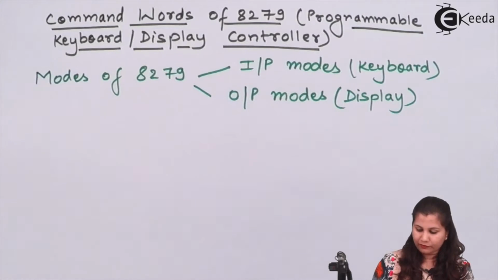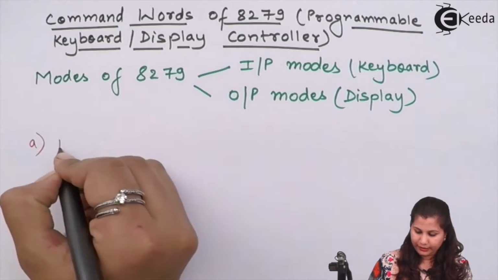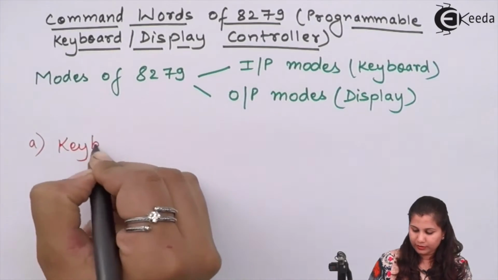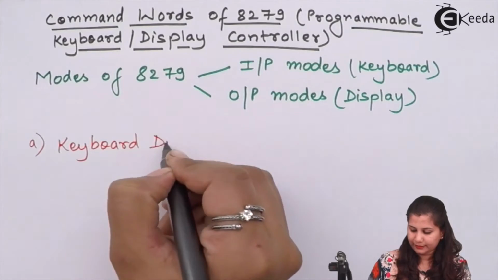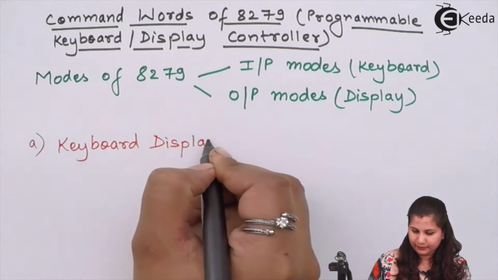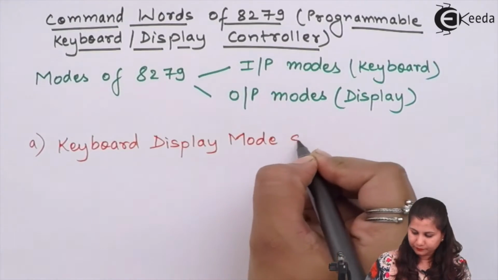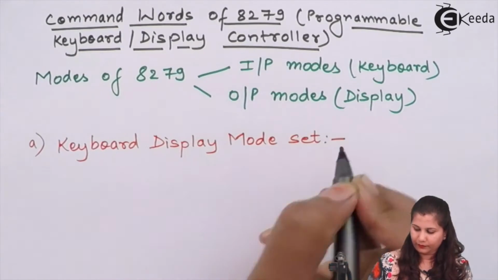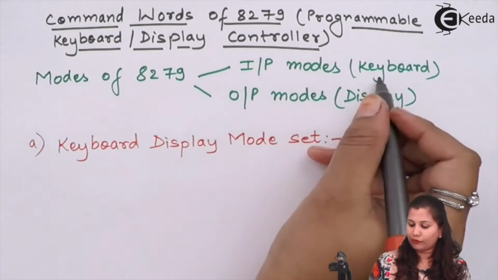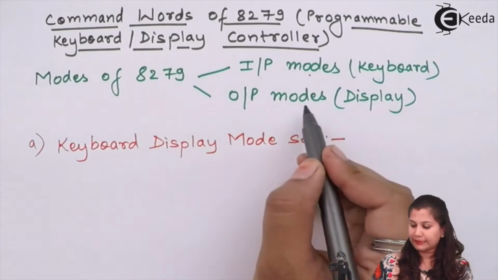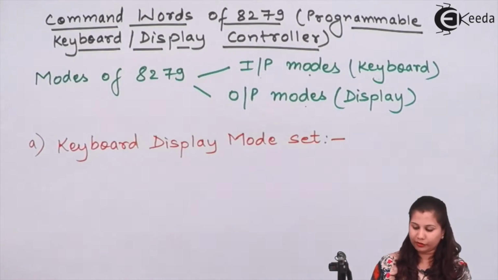So the first command word we will study is for the keyboard display mode set. The different modes which come under the category of keyboard modes and display modes can be set using this command word.